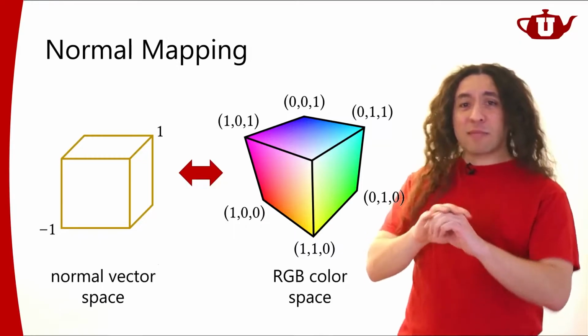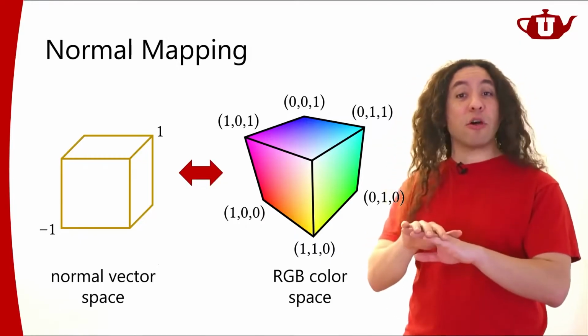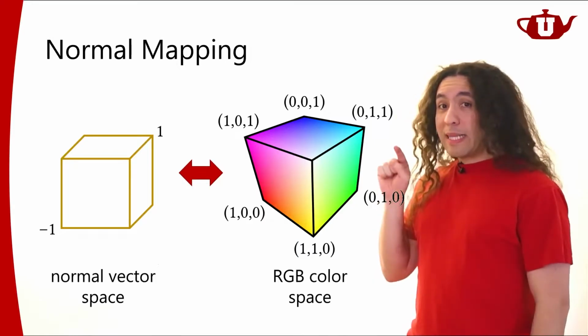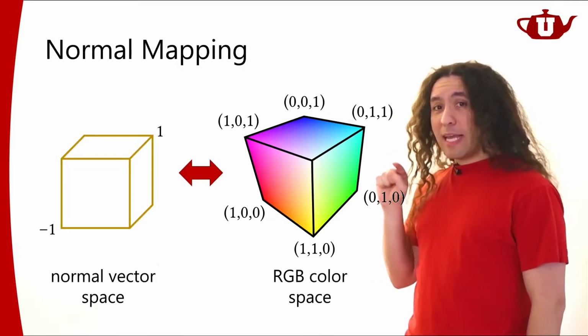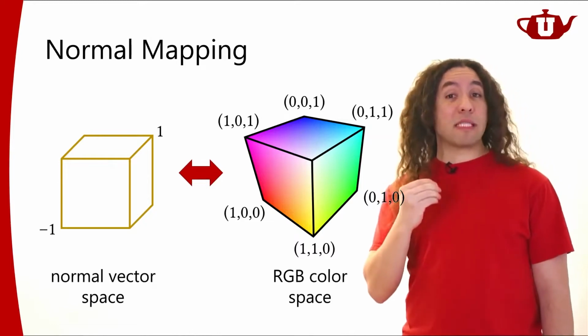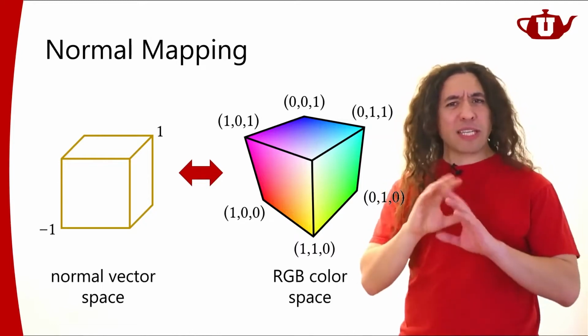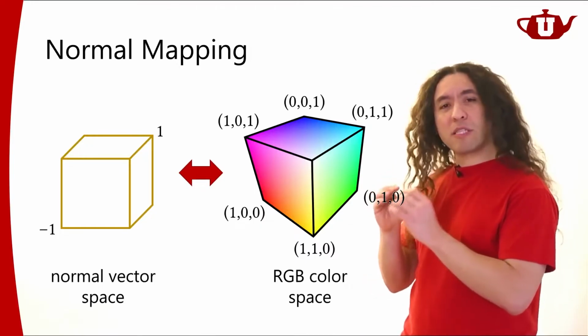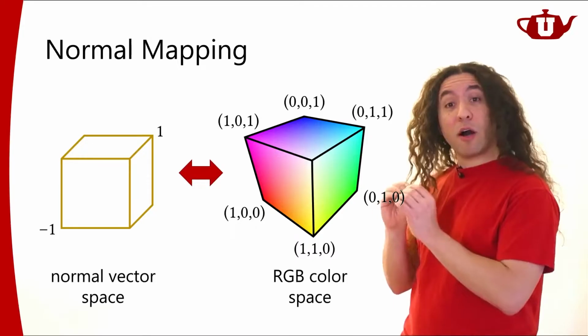I would like those tiny small scale details to move around with the surface. That's what I would like. So this normal map, these X, Y, and Z coordinates will be defined on a local space. So it's not going to be in object space, but it's going to be in the local space of a point on the surface.